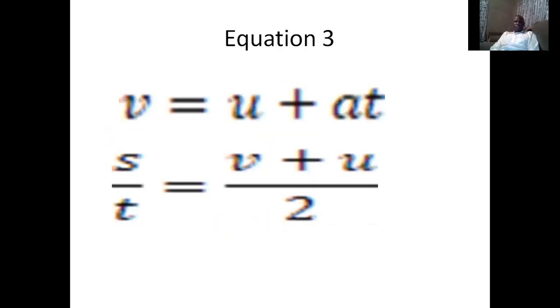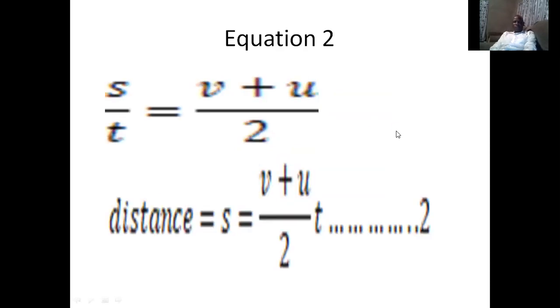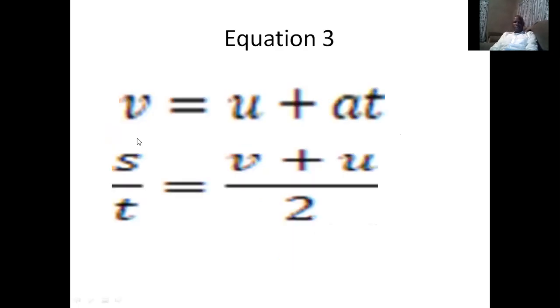And so, the third equation, we can derive it from equation number 1 and equation number 2. Remember, in equation number 1, we said final velocity is equal to initial velocity plus acceleration times time. And in equation 2, we said average velocity is equal to displacement over time, which is equal to final velocity plus initial velocity over 2.